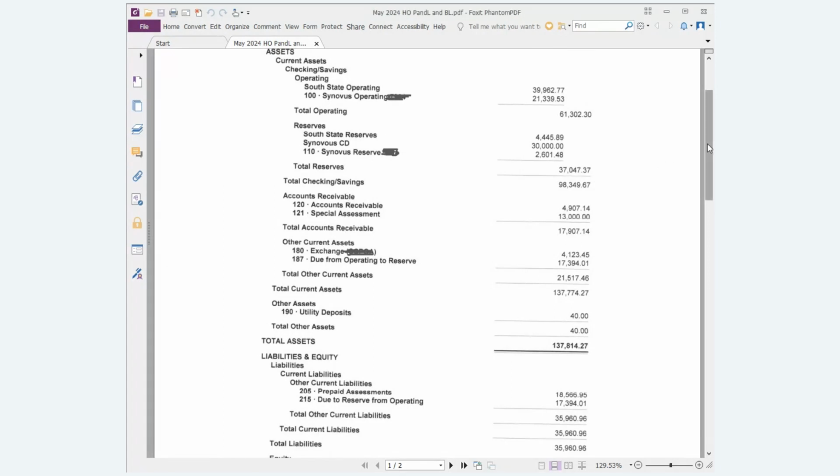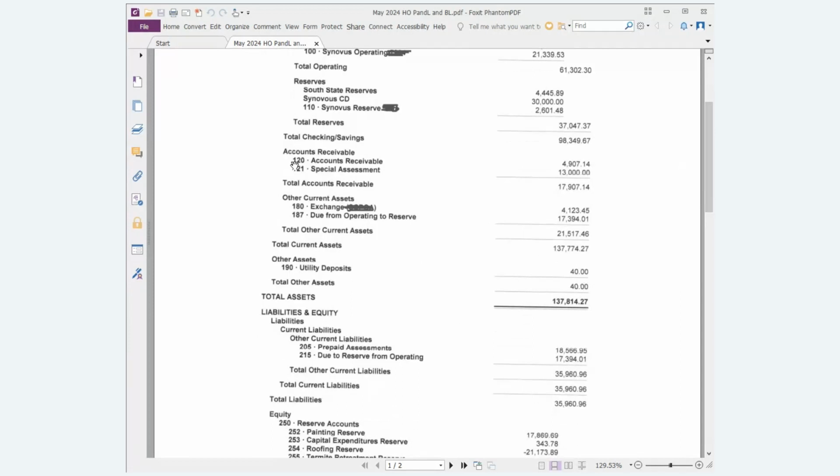Then moving down here for additional assets, we have accounts receivable. Accounts receivable here is the offsetting number, the 4,907. That's the amount of assessment that is remaining uncollected at this point.